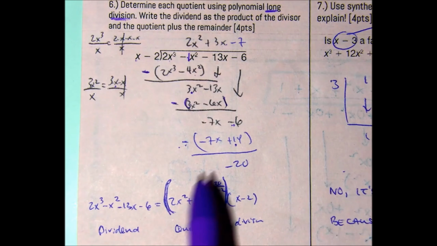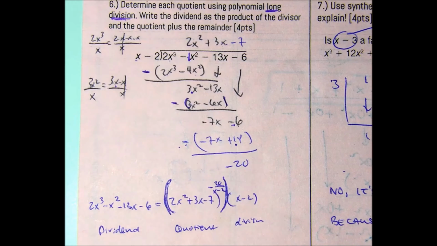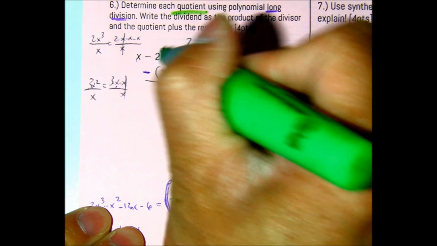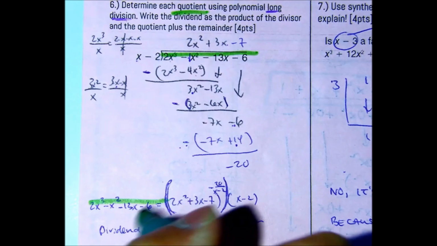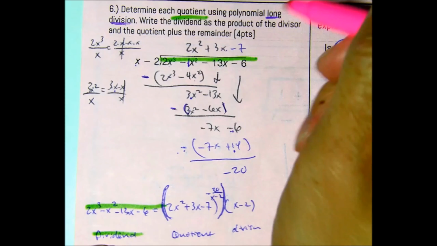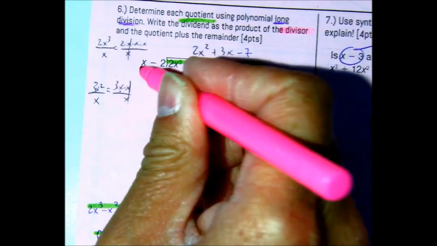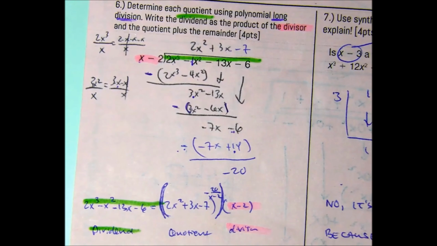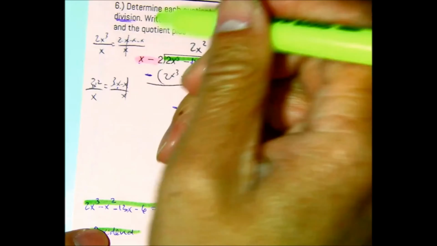How do you write this as a product? Again, you're taking your dividend, what's on the inside, as a product of the divisor, that's on the outside, and the quotient, which is our answer, plus the remainder.